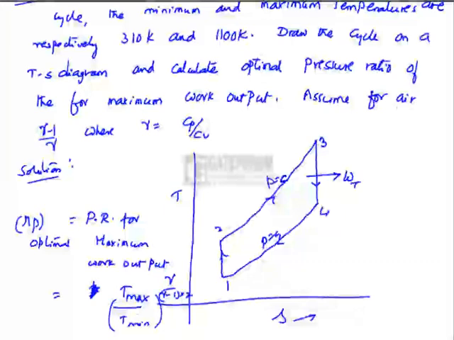Here T max is given as 1100 Kelvin, T1 or T minimum is given as 310 Kelvin.